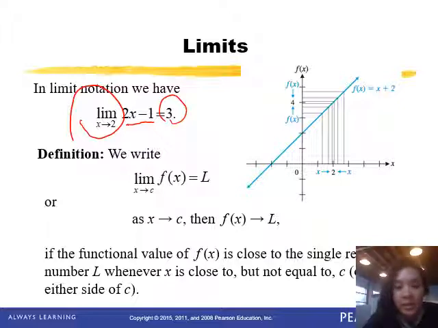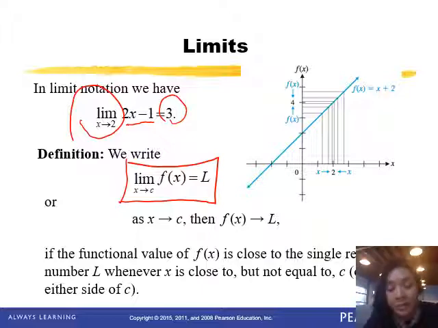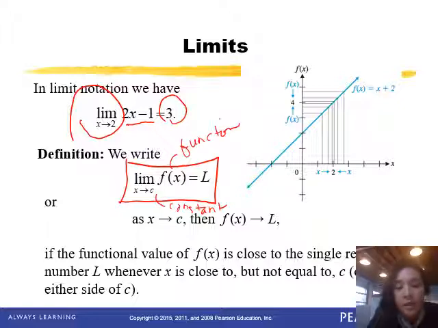So the definition of a limit is right here. This guy that I've just boxed up. The limit as x approaches c, which is a constant. This guy right here is a constant. Here is our function. And here is our limit.